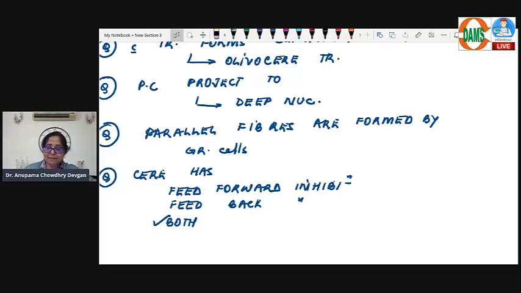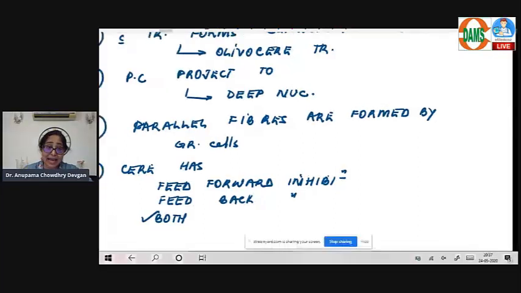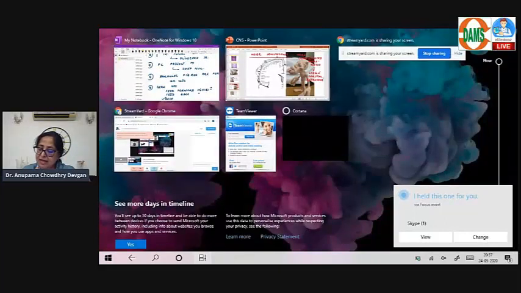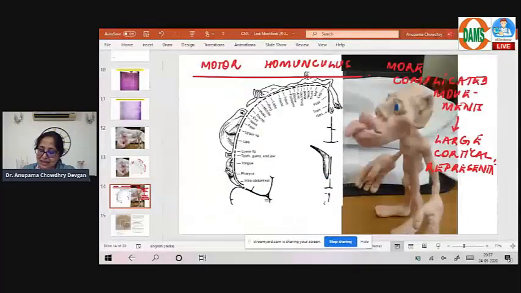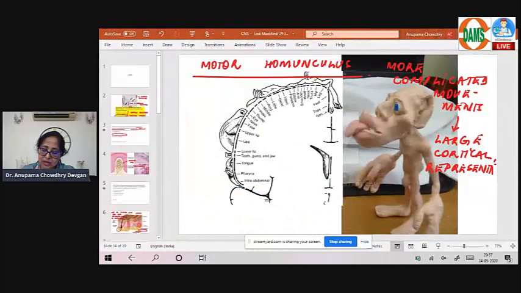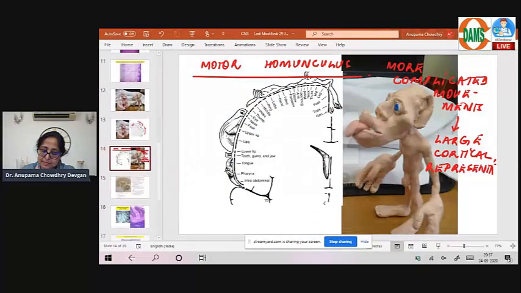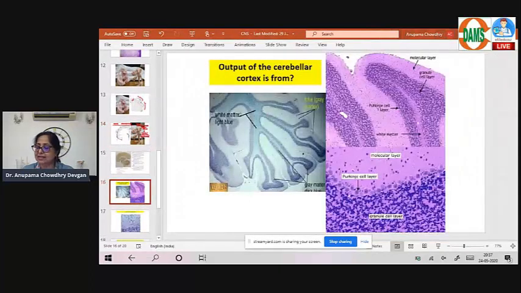Now, let us see one AIIMS question which has been asked. You were given a histology slide like this.